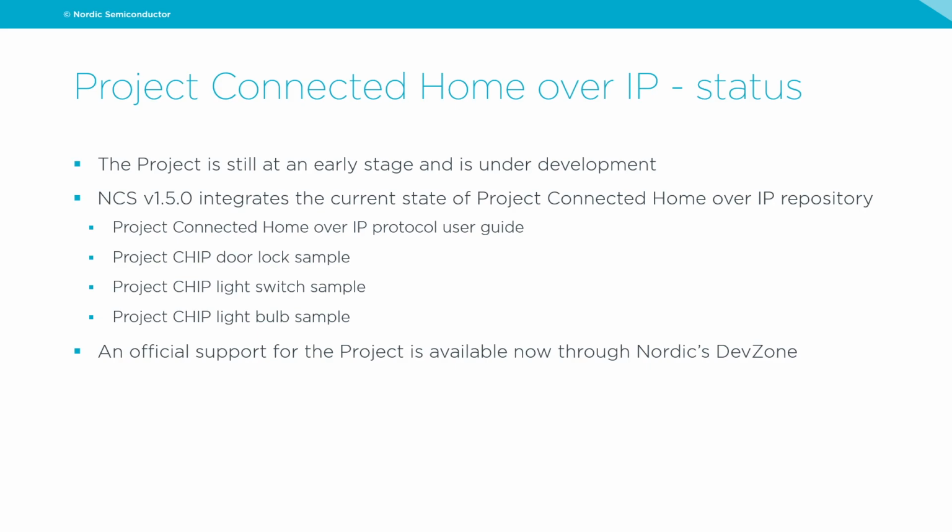While the draft specification of Project CHIP is available only to Zigbee Alliance members, the implementation is present in a public GitHub repository and is available to everyone. An important remark: the project is still at an early stage and is under development.